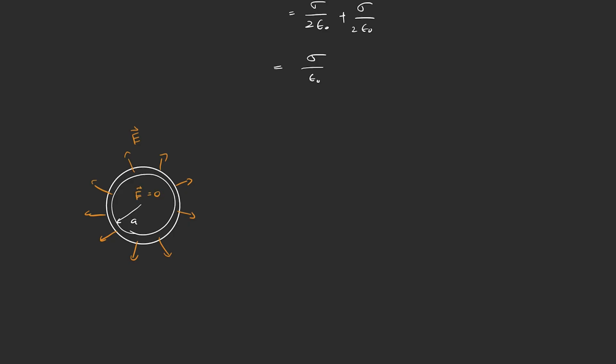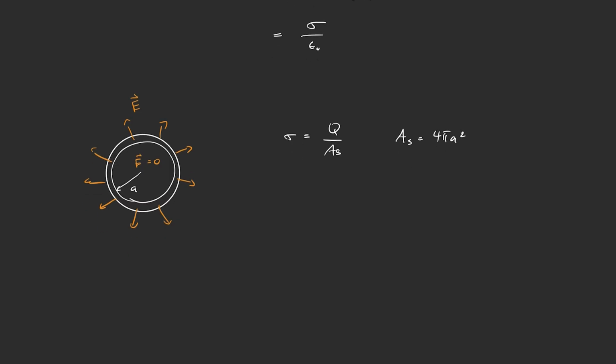This has a surface charge density of Q over A_S, where A_S is the surface area of the sphere. So this can be written as Q over 4 pi A squared.